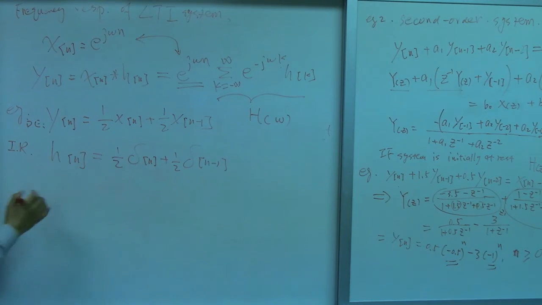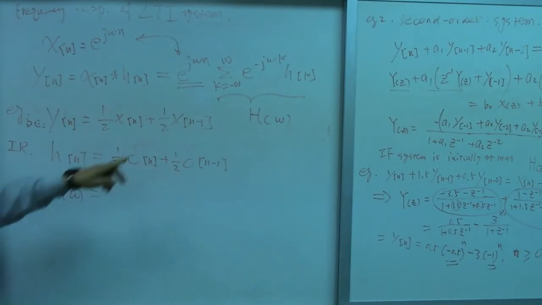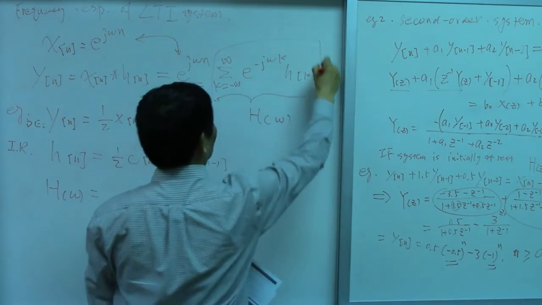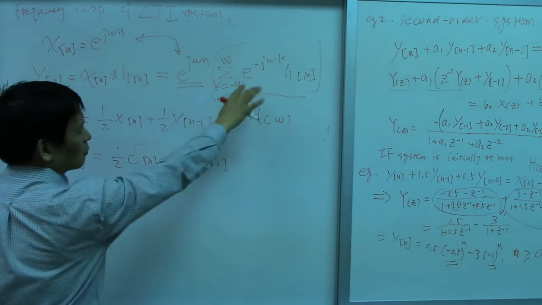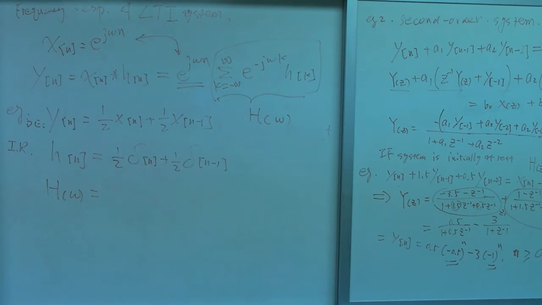Next we calculate the frequency response. So the frequency response is just this term. It looks like we have infinite terms to add up. Look at this. How many terms do we have? 2. Okay, good. We don't care about negative infinity or positive infinity.